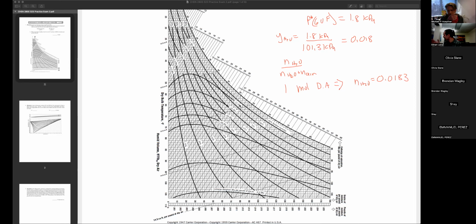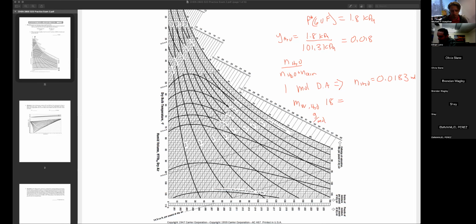Molar weight of, so the molecular weight of water is 18. This is moles. This is grams per mole. So I need to times this here.